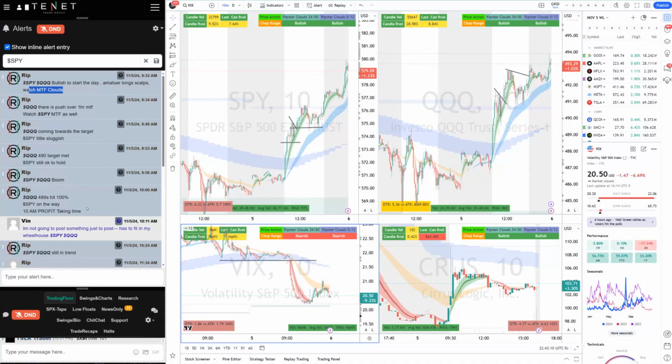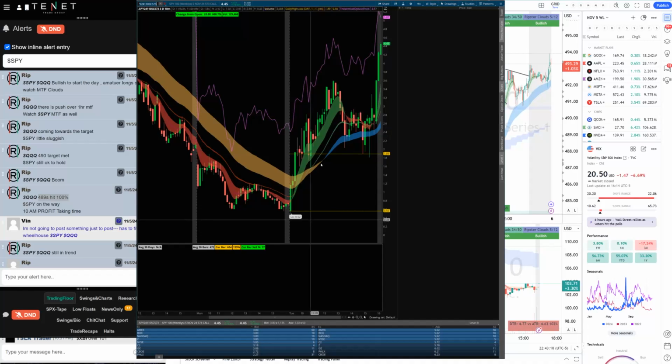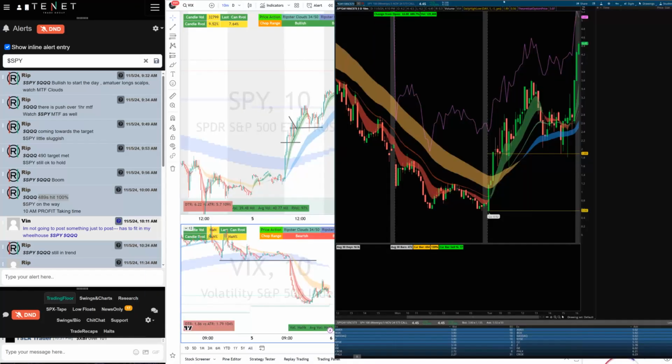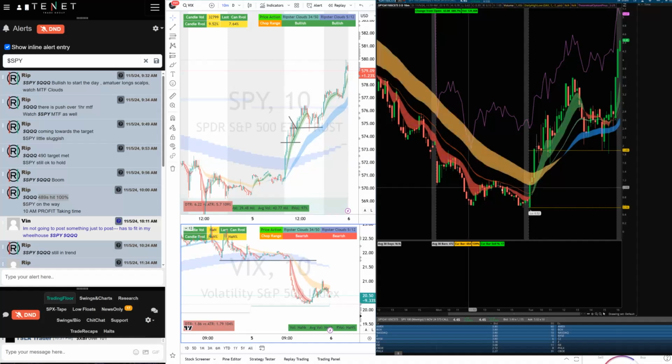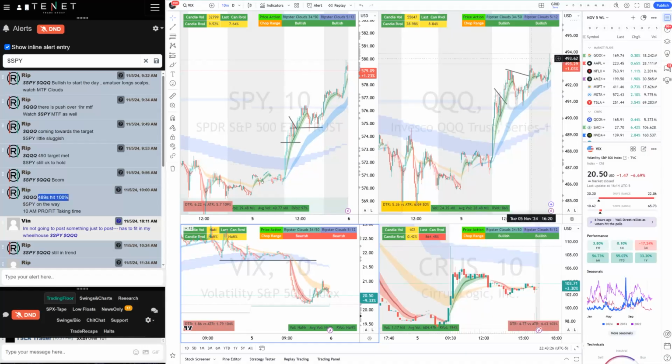We hit that target. 489 hits and the 489 calls go 100%, and at the same time on QQQs, you can see these 573 calls go 200% by end of day, and you can see my timestamp guidance right here.